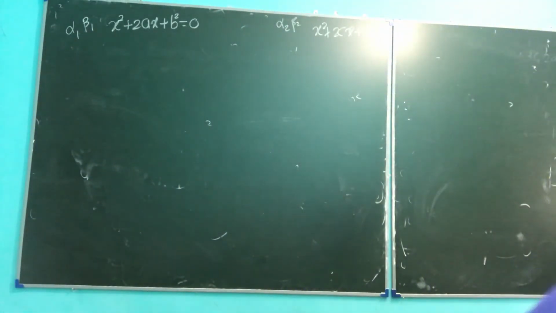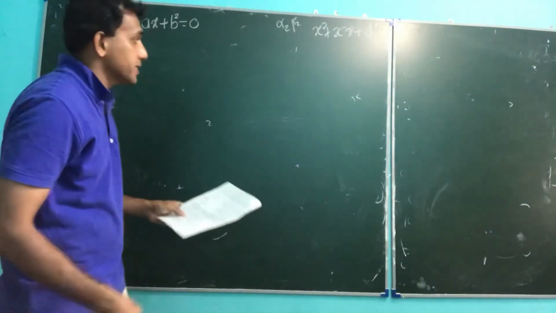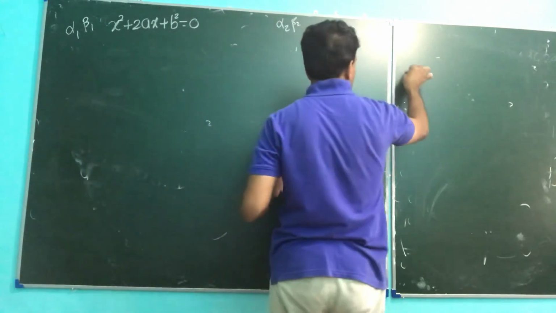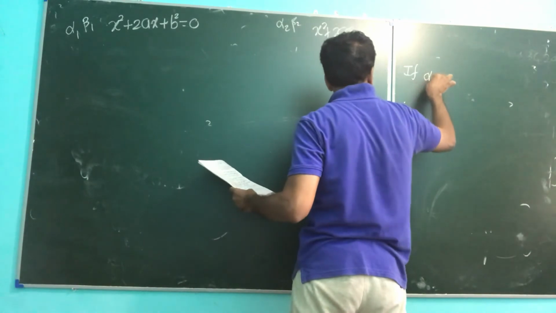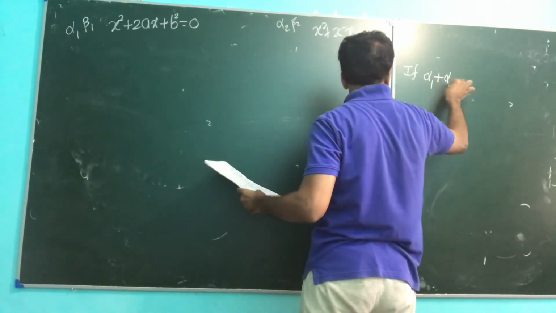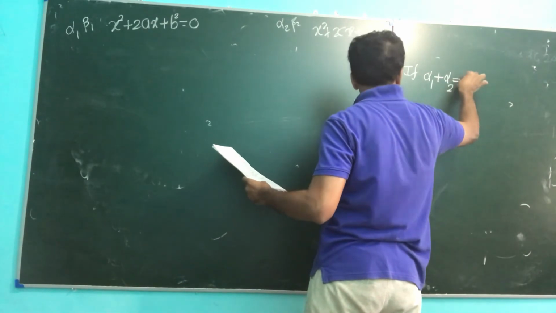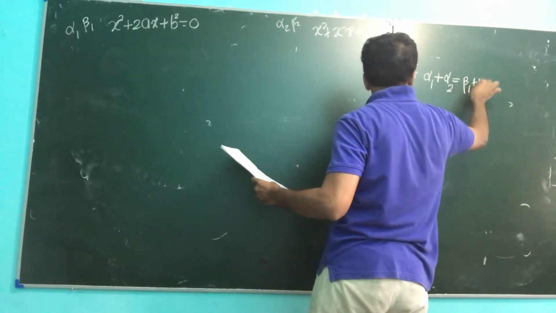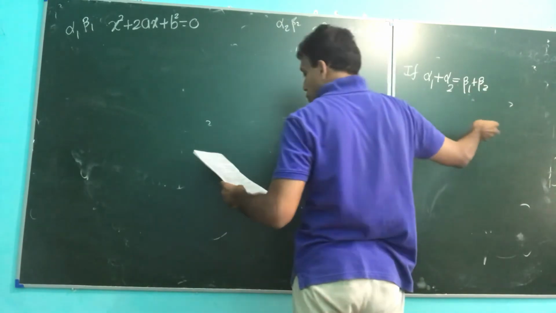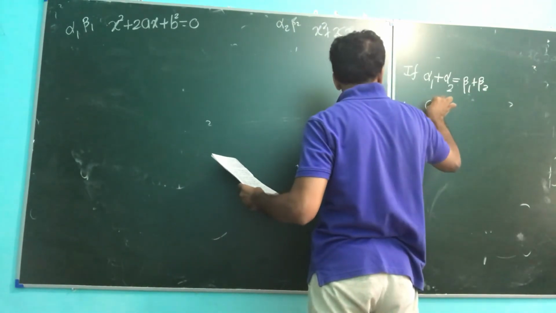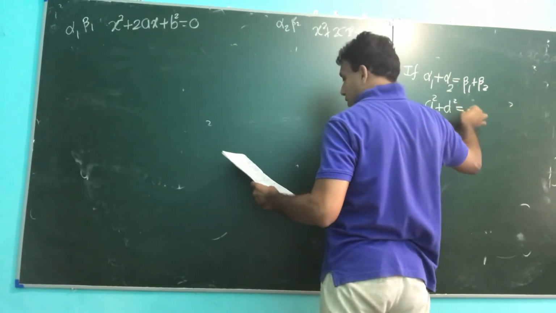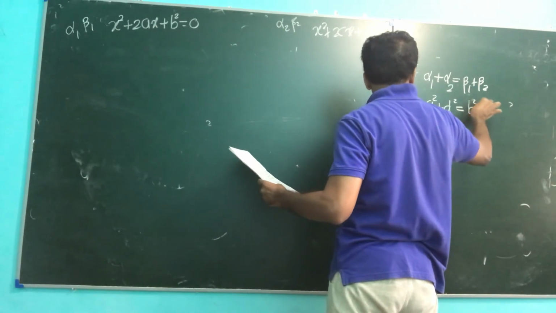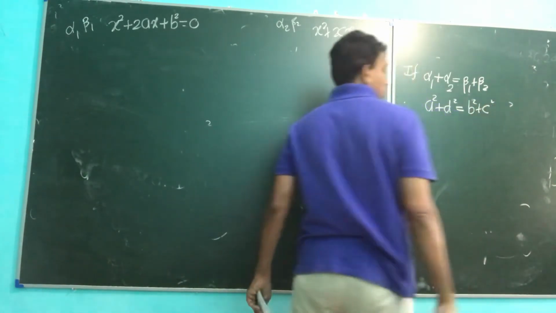Then the first question, prove that, I write here: if alpha 1 plus alpha 2 equals beta 1 plus beta 2, show that a square plus d square equals b square plus c square. Let's complete that one.